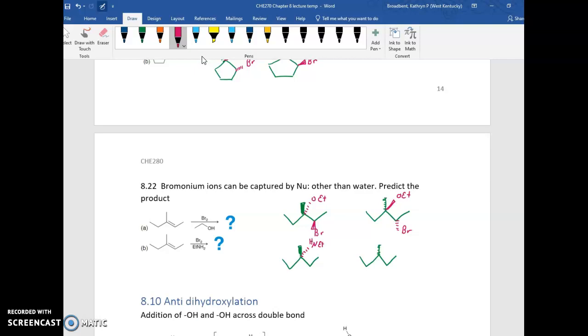And this would be, if that's a dash, then this has to be a wedge, because this is an anti addition. And so, oh, I didn't do it, I did a dash. Okay, so this is a wedge up here, and we've got a dash down below.